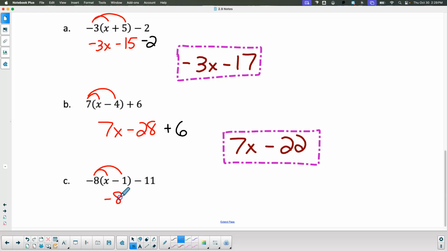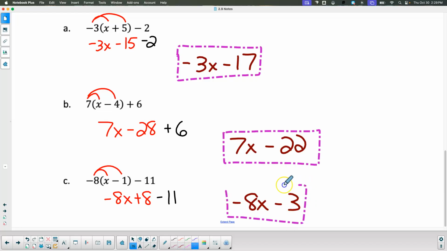That would give me negative 8x plus 8, still with a minus 11. So that would be negative 8x minus 3. How did you get 17 for that one? Negative 15 minus 2 is negative 17.